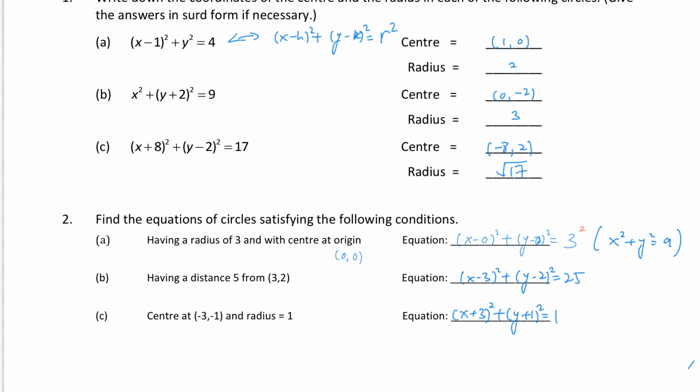So the center is equal to (1, 0). And remember, the radius is equal to the square root of the right-hand side. We can use the characteristic of the center radius form to trace back the coordinate of center and radius.